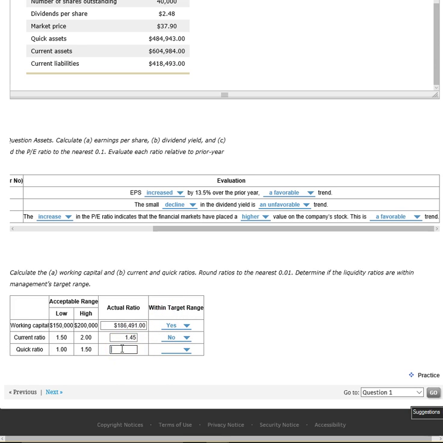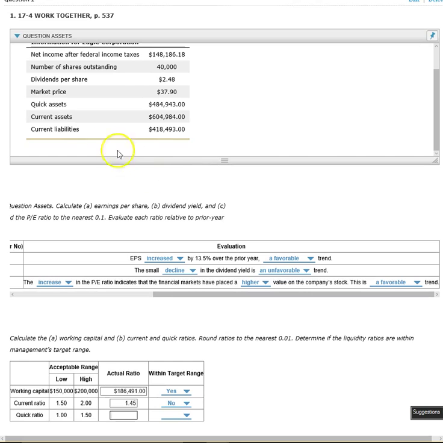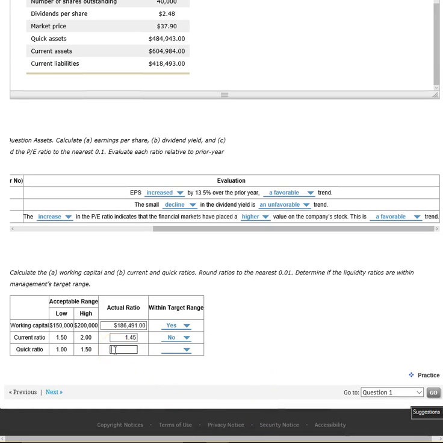And the quick ratio. Okay, the quick ratio is the quick assets divided by the current liabilities. But we need to calculate the quick assets. The quick assets are the cash plus accounts receivable. But it's given right there, cool, so we don't have to calculate it.